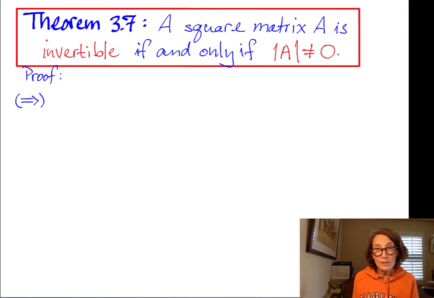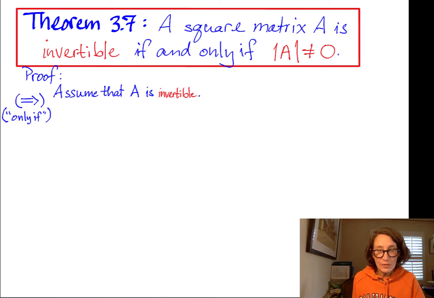So the first piece of the proof is if A is invertible, then its determinant is not 0. That's called the only if part. So we start with: assume that A is an invertible square matrix. Then that means that A times its inverse is the identity matrix.